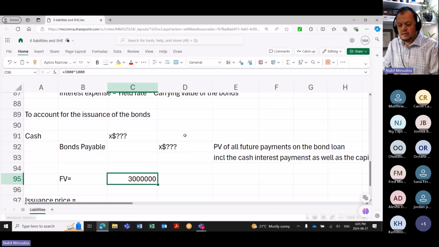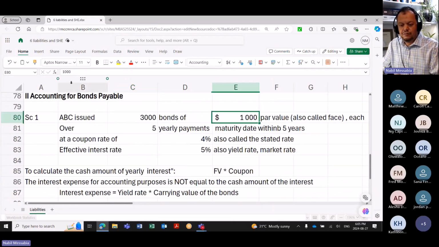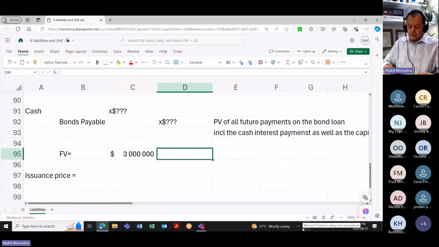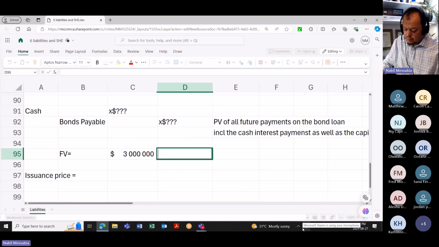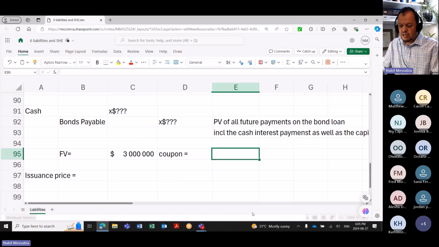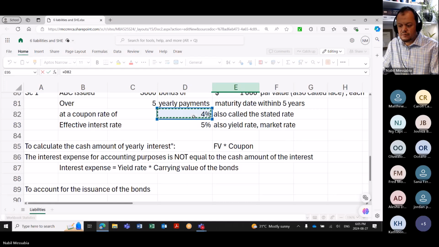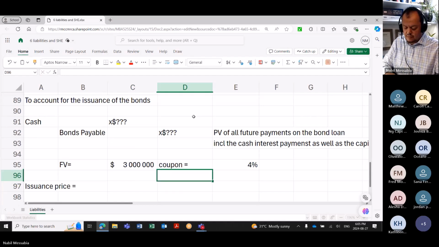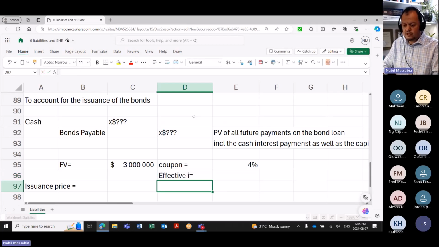Okay, this is the face value, or the future value. Coupon rate, or let's call it coupon, equal, we said 4%, and yield rate, or effective interest rate, which is called I usually.